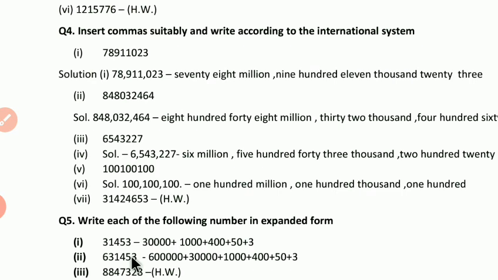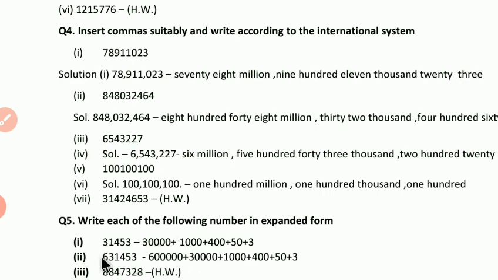Same, second one, 631453. Ones, tens, hundreds, thousands, 10,000, lakh. 6 here. Its place value is 6 lakh. After this how many numbers are there? 1, 2, 3, 4, 5. So how many zeros do we have to put? Total 5 zeros. Plus next number is 3. 4 numbers after 3, so we have to put 4 zeros.